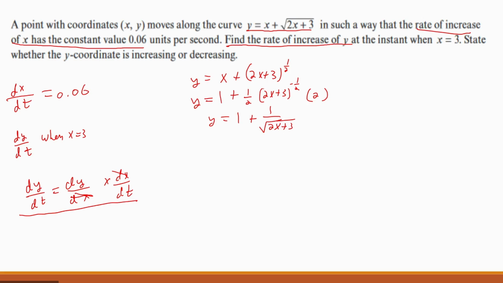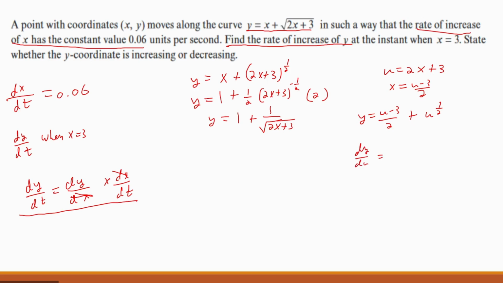Alright, or if you don't understand, I'm going to use the chain rule over here. So let's see the chain rule. We can say u is equal to 2x plus 3, and x will be u minus 3 over 2. Now we can rewrite it in terms of u: y is equal to u minus 3 over 2 plus u raised to the power of 1 over 2, and now we can find dy over du.